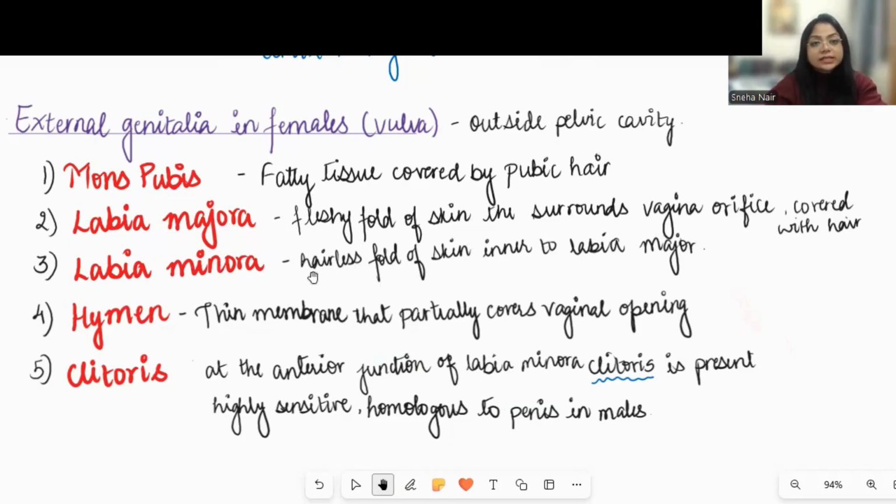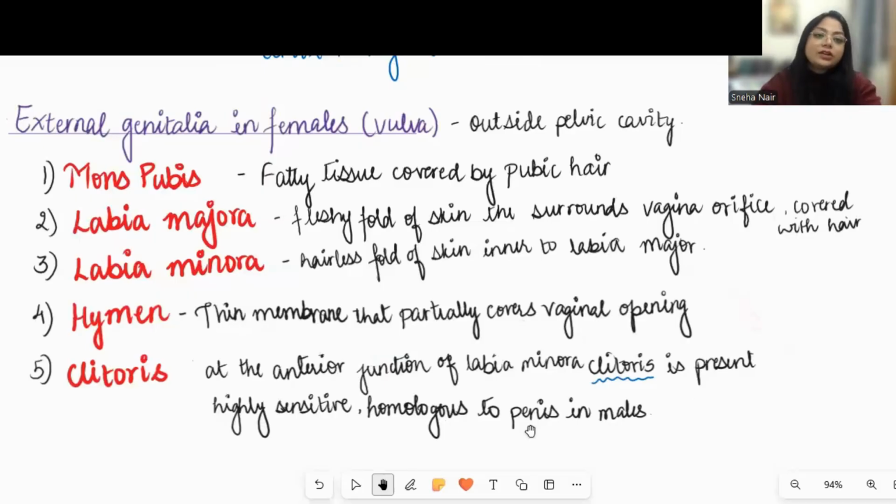Labia minora is a hairless fold of skin which lies inner to the labia majora. Hymen, as I told you, is a thin membrane that partially covers the vaginal orifice. And the clitoris is present at the anterior junction of the labia minora. It is highly sensitive and it is homologous to the penis.